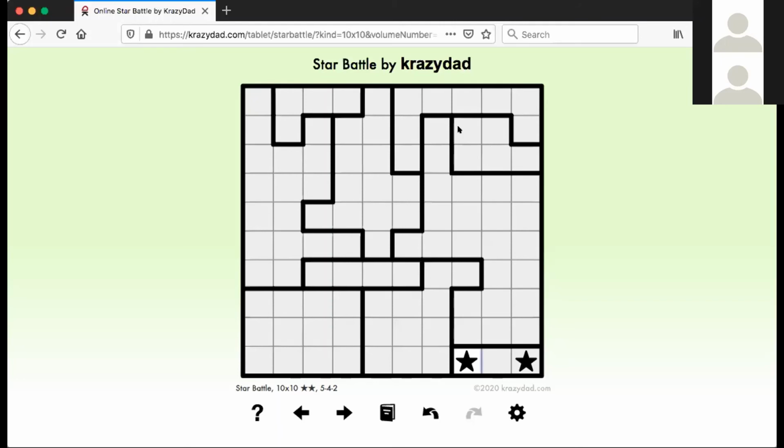It's definitely the one on the far right. I don't know about the far left. Has to be the far right for sure, the one that's by itself, for sure because of the adjacency rule. Right.